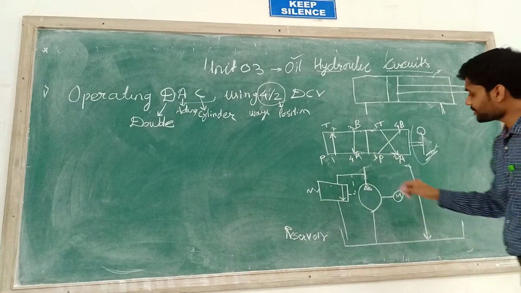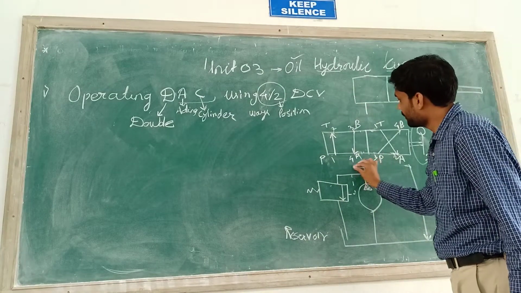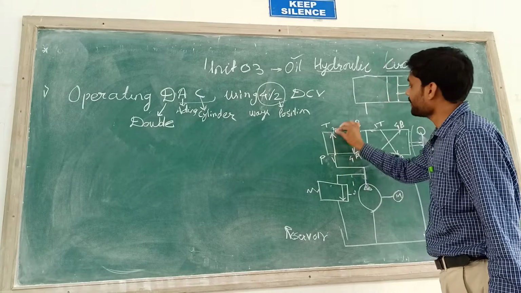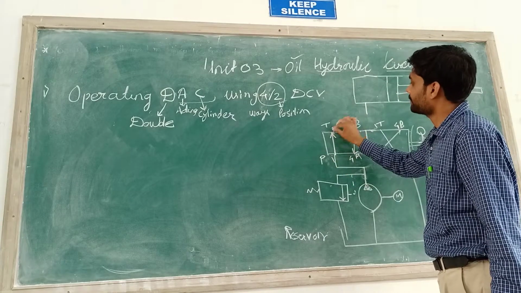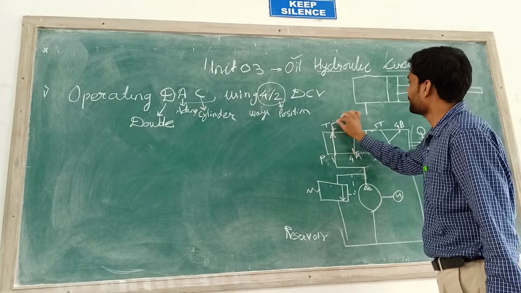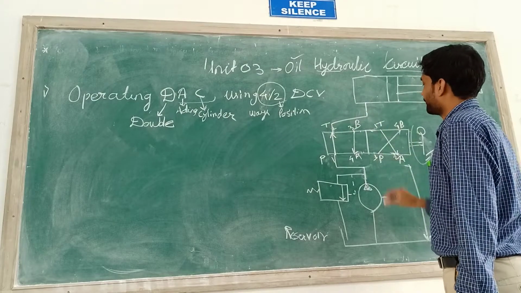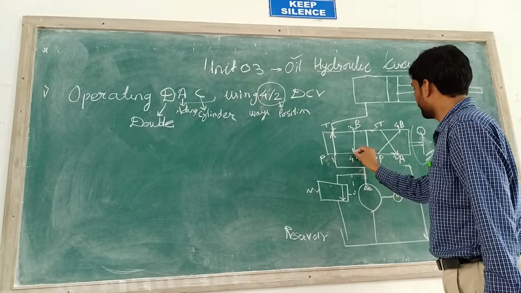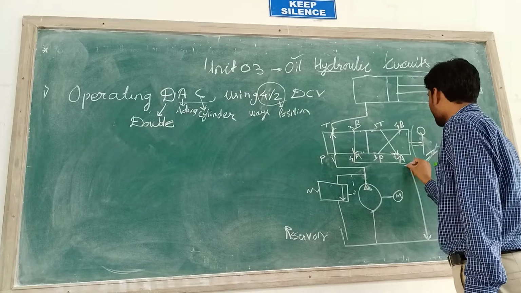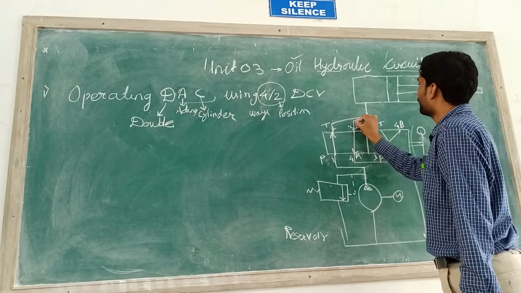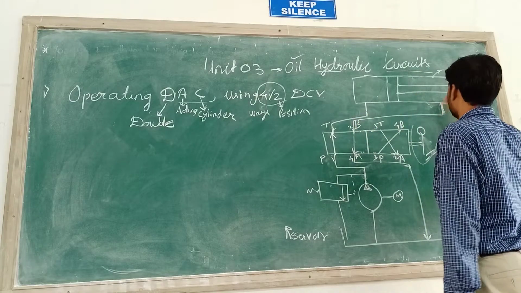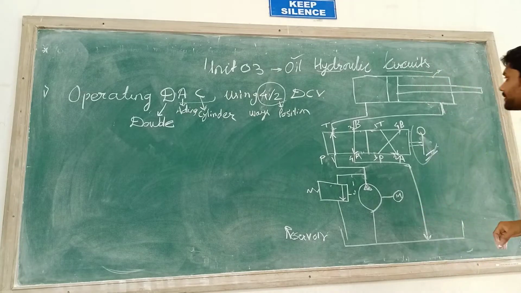So in this first position, this pump is connected to the port P, and this port T is connected to this line, and then this reverse line is connected to this port here. So what will happen?